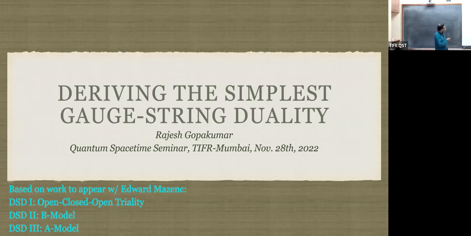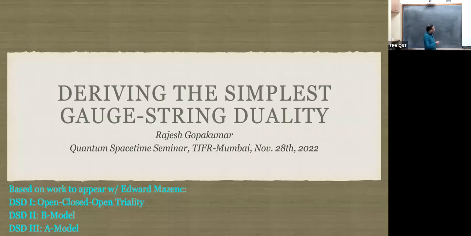This is based on some set of papers, which the first one will hopefully be out in a couple of weeks, I hope. This is with Edward Mazenk. He's a postdoc at Chicago, a very bright young string theorist.